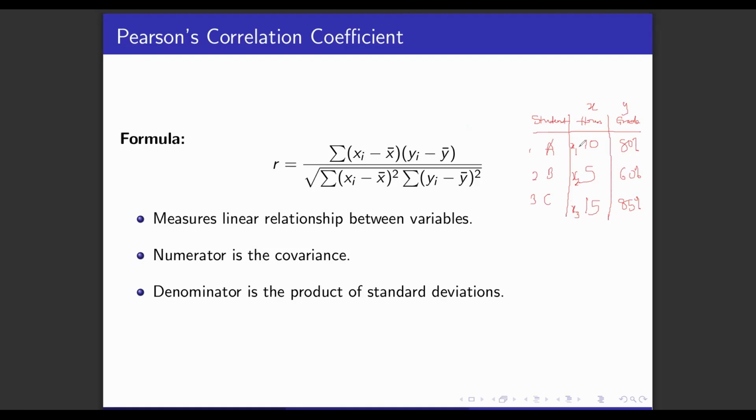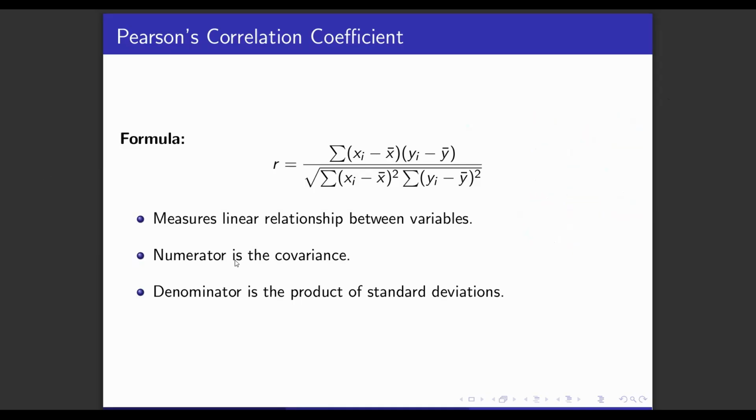X1 is for the first student, X2 is for the second student, and X3 is for the third student. So it means that in this case, i is equal to 1, 2, 3, based on the students you are considering. That is how the notation works, and this is what it means.